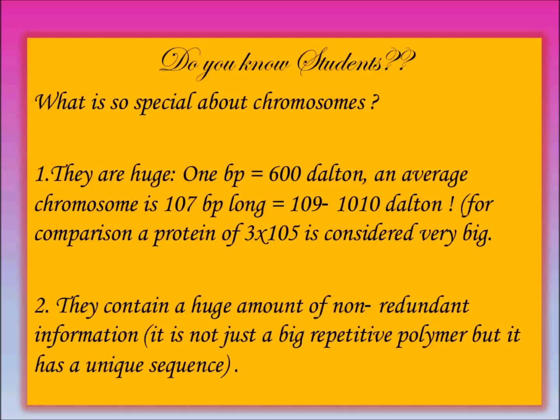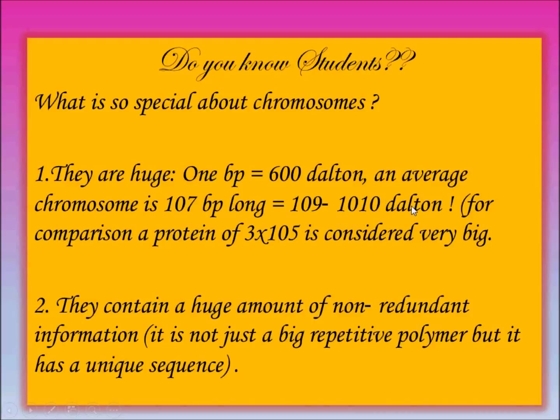So do you know, students, what is so special about chromosomes? They are huge. One base pair is equal to 600 Daltons. An average chromosome is 10^7 base pairs long.